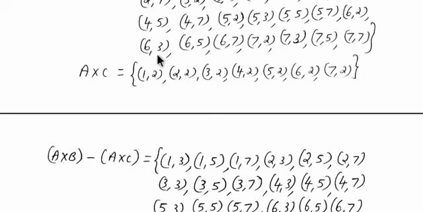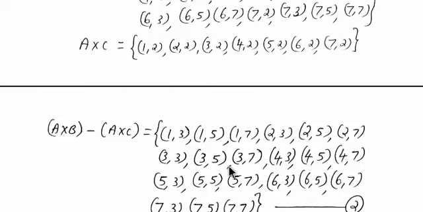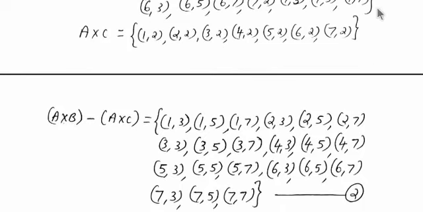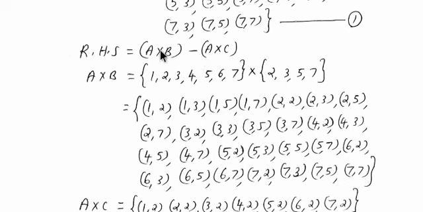Then 7, 3, 7, 5, and last 7, 7 can be taken. That means the balance elements should be taken from the first set after the cancellation. We will get this set. Then put equation number 2 since RHS is over.